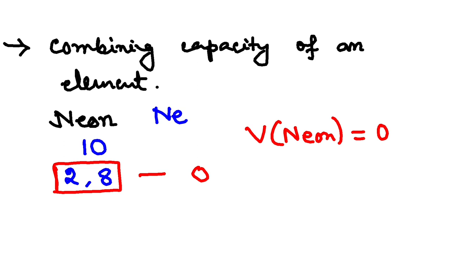Okay, if you have understood the concept, please try to calculate all the valencies from hydrogen to potassium, that is 1 to 20. At least for the first 20 elements you should know all the valencies. All right, in the next video we shall be learning a very interesting concept, that is called variable valency.